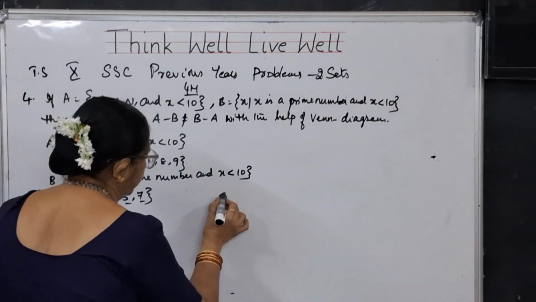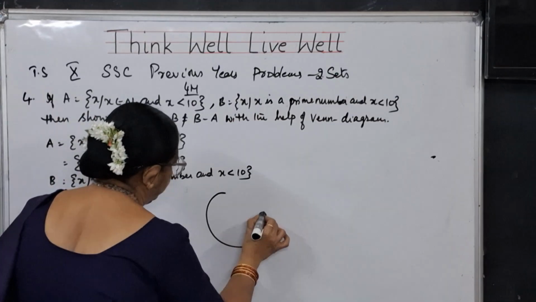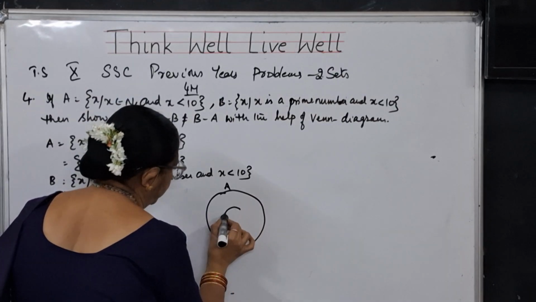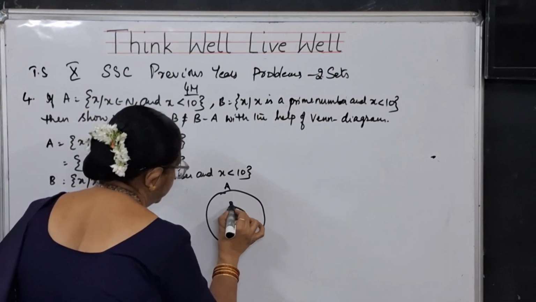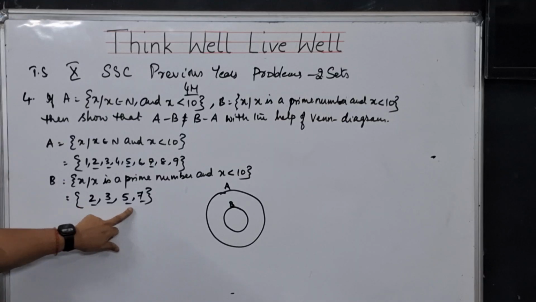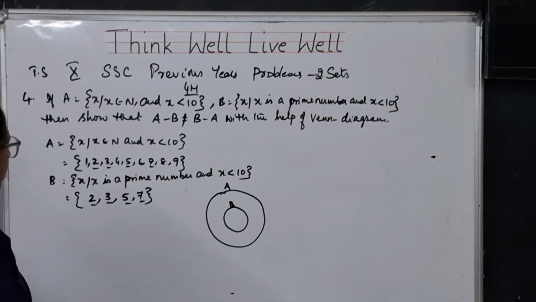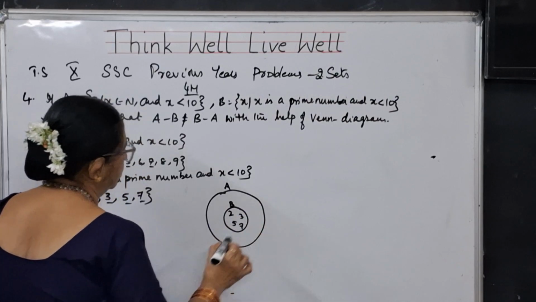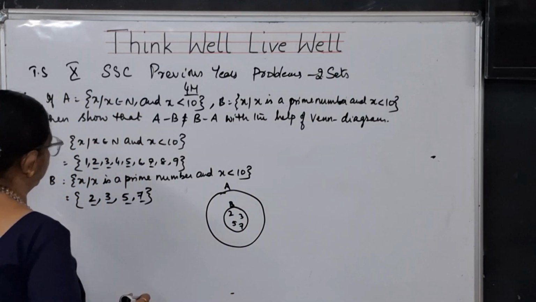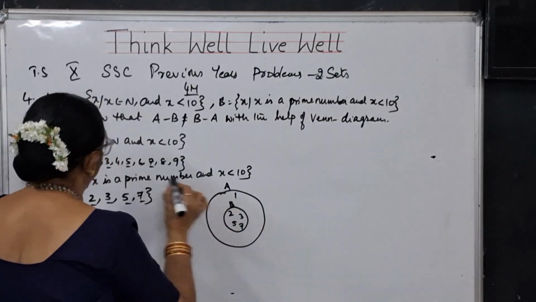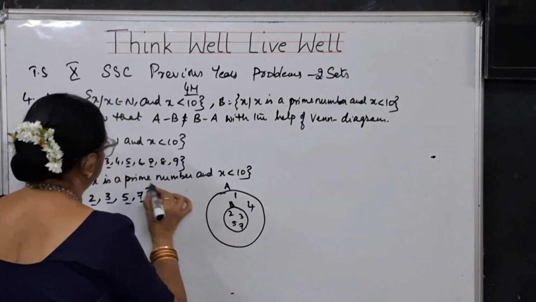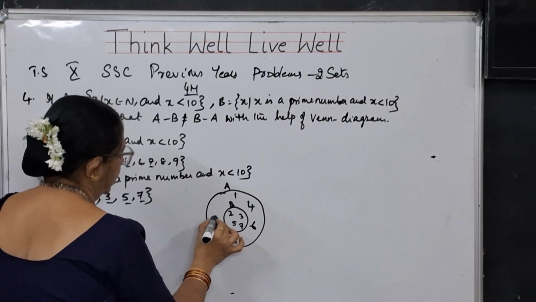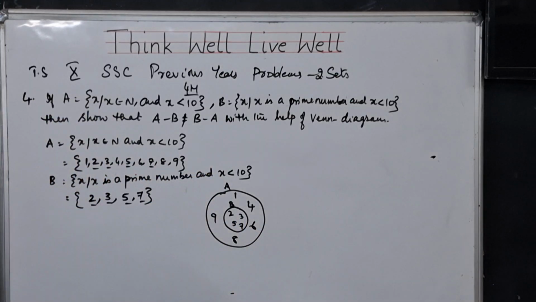Set B is a subset of set A. This is set A and inside it you have B, because all the elements of B are there in set A. So let us write the elements in B: 2, 3, 5, 7. After writing 2, 3, 5, 7, the remaining ones are 1, 4, 6, 8 and 9.